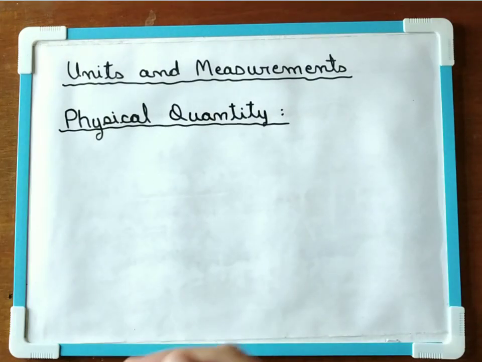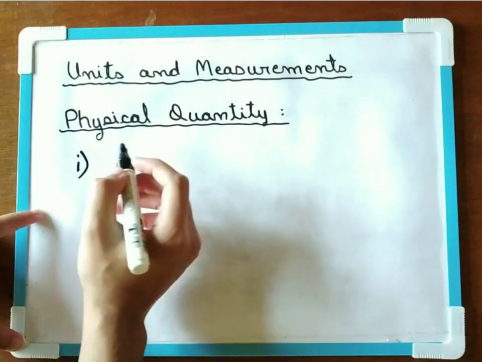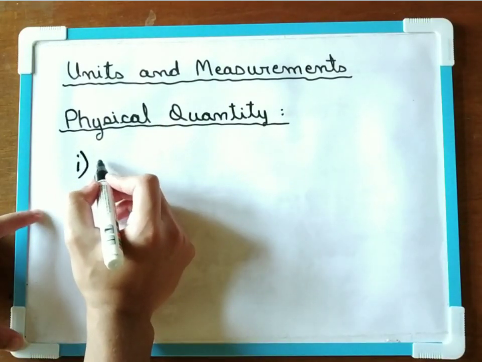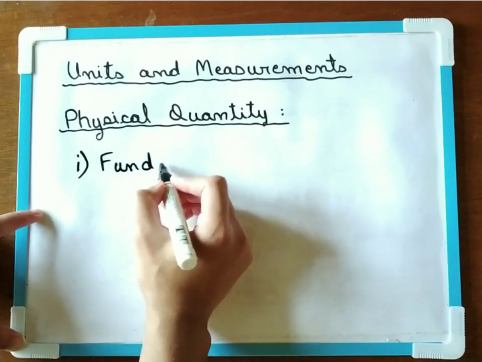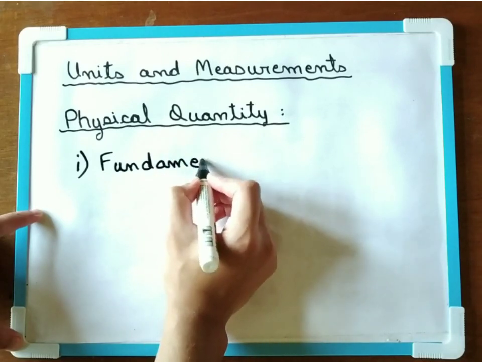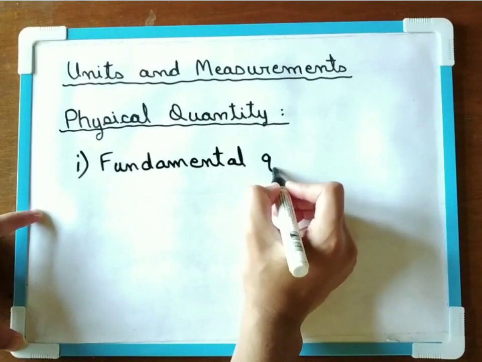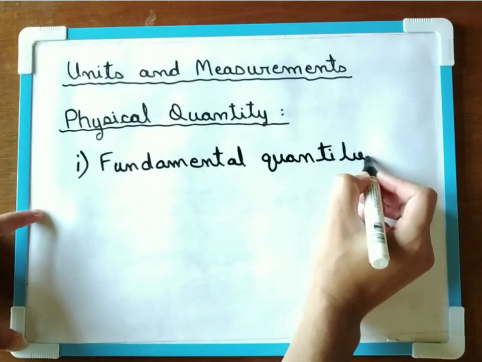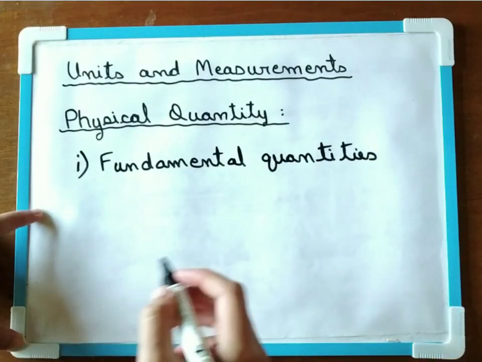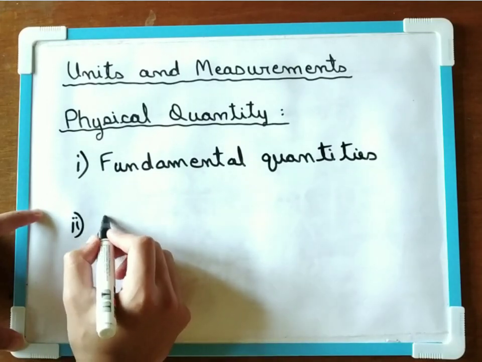Now we know that there are fundamental quantities and derived quantities. So physical quantity has two types. One is fundamental quantities, and the other one is derived quantities.